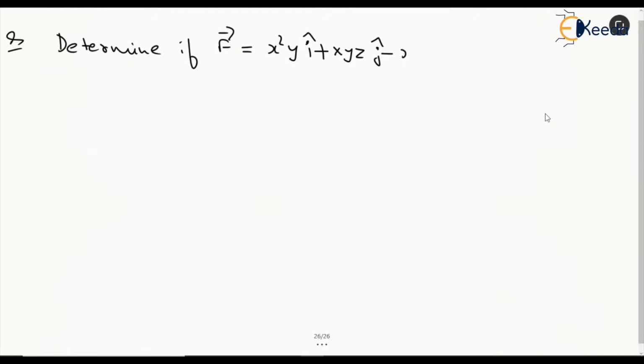So it says, determine if F, given as x squared y i plus xyz j minus x squared y squared k, is a conservative vector field, right?